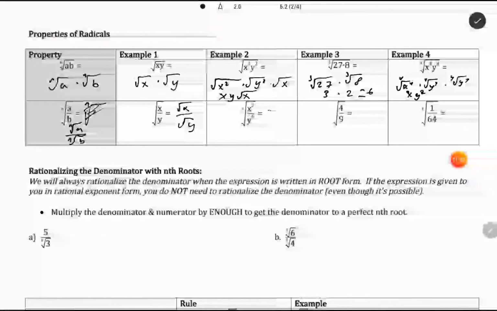This is the cube root of x cubed, and the cube root of y to the third, and another cube root of y to the third, which means this would just be x over y squared.